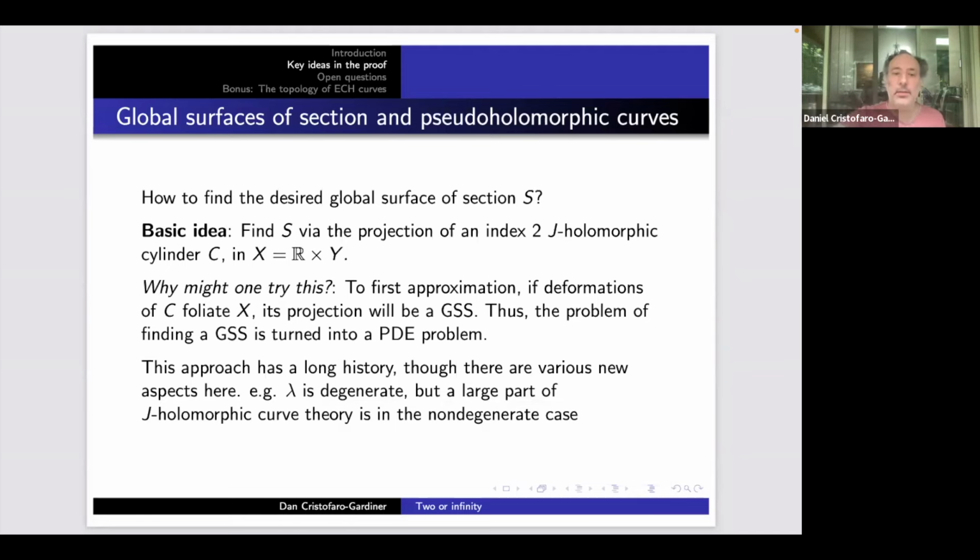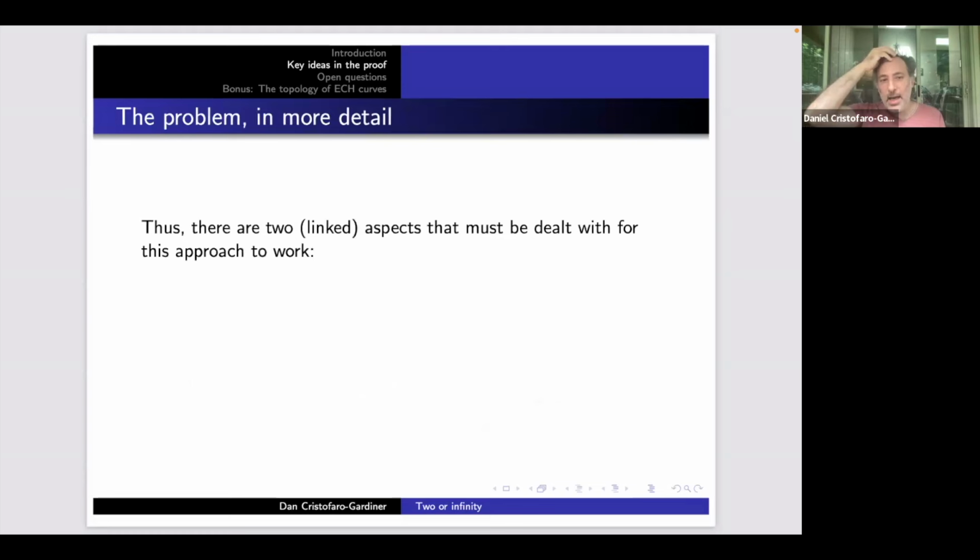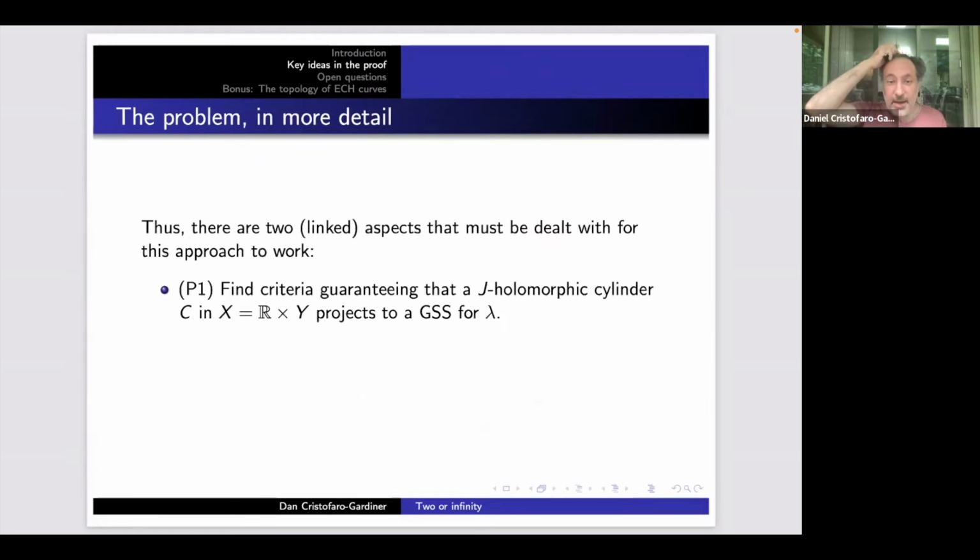Okay, so that's something we have to do. Anyways, if I look at the problem from this point of view, I see that basically there are two aspects that I have to deal with, and they're actually linked. We'll talk about that in a minute. First of all, I have to understand, in this degenerate case, how I can find some reasonable criteria so that this first approximation argument I had of foliating X by J-holomorphic cylinders actually works.